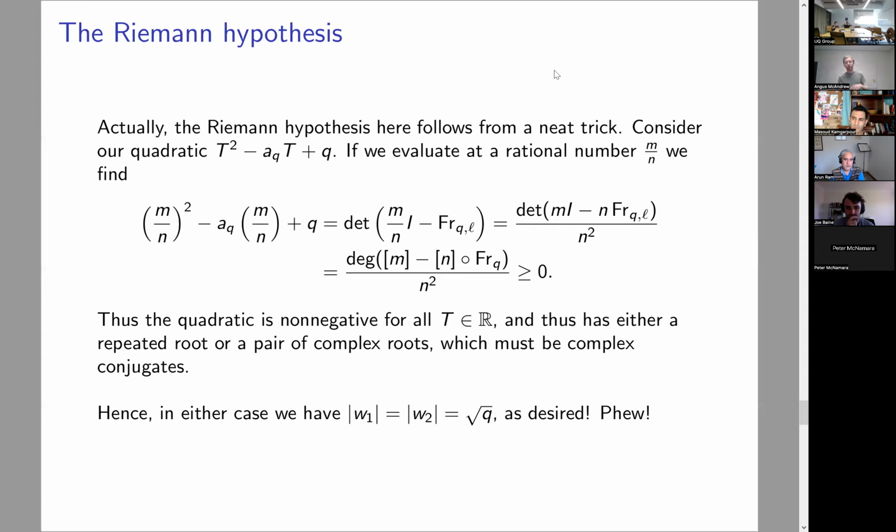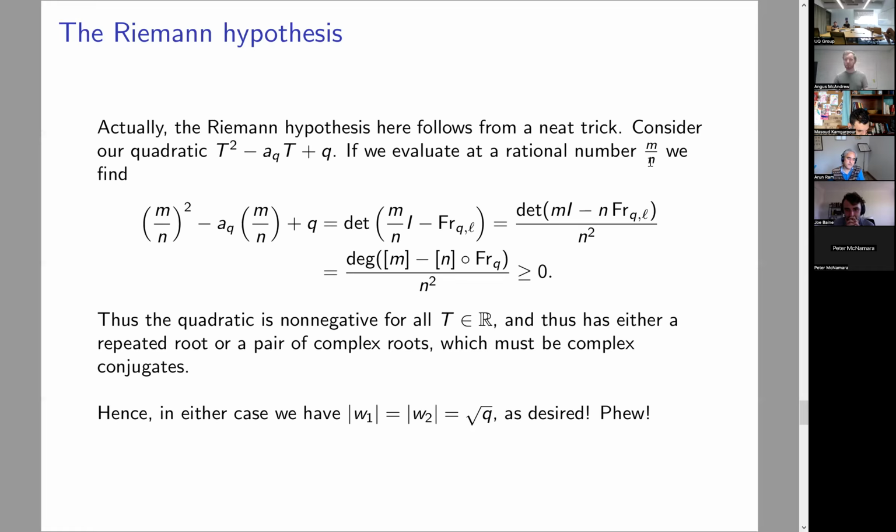For even i, it's in the denominator of the rational function. For odd i, it's in the numerator. Each of those P_i we then factor over the complex numbers, and we look at their roots. The Riemann hypothesis here says for P_i, the roots should all have the same absolute value. They should all be complex numbers of specific absolute value q to the i over 2.